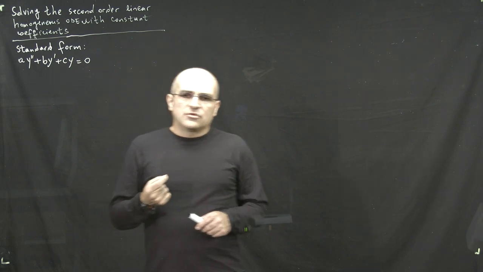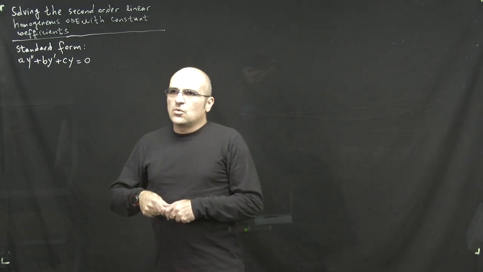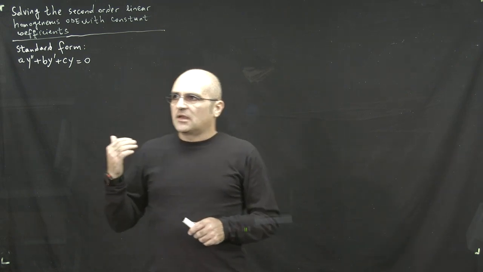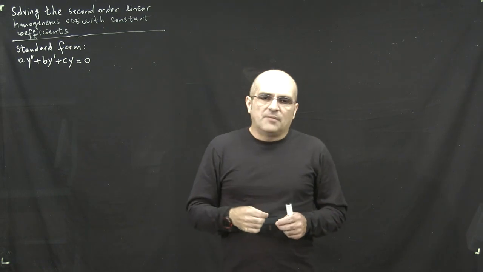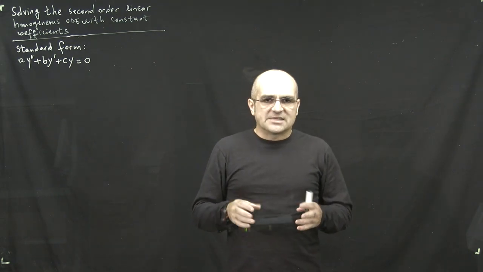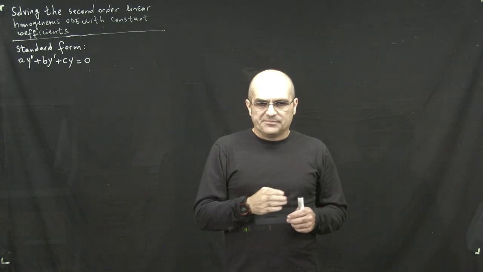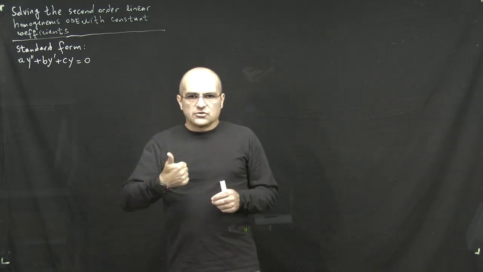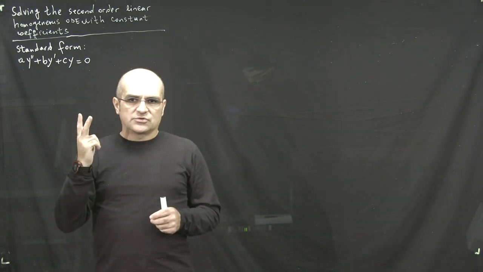So let me remind you, before we proceed with how to solve this equation, that we showed last time in one of the earlier lessons that any linear homogeneous ODE will have the general solution expressed in terms of a linear combination of independent solutions. For the first order, we need one solution. For the second order, this time, we're going to need two independent solutions.